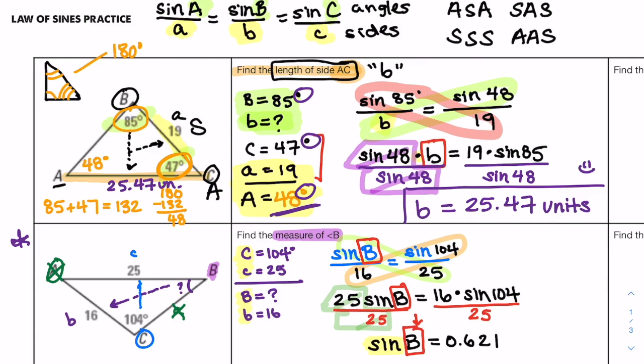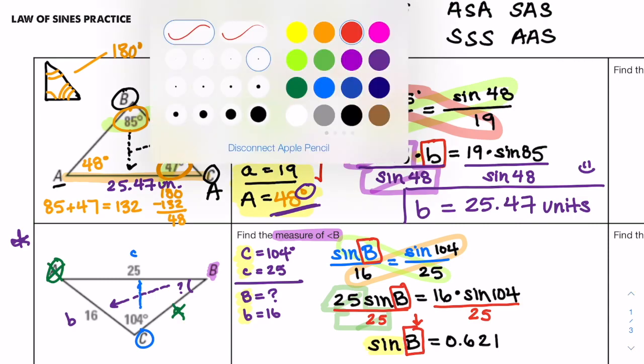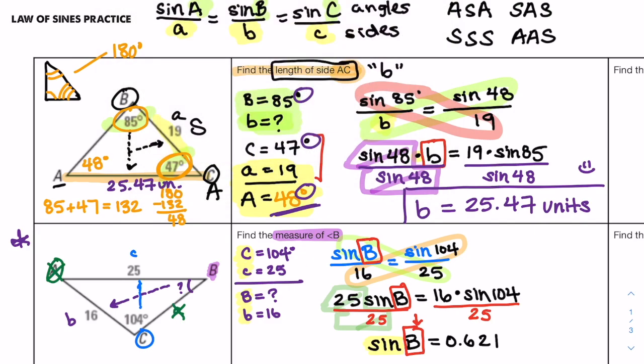How would I jump in and access the angle that is hidden, trapped inside of sine? Hopefully you remember our good friend sine inverse. Sine inverse. And that will undo it. Okay? So we can find angle B by writing sine inverse of 0.621.